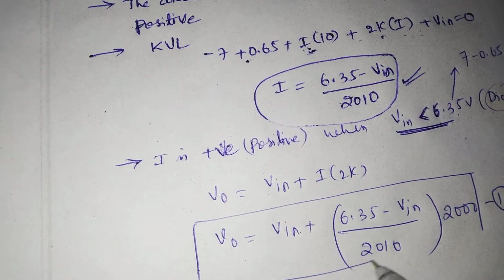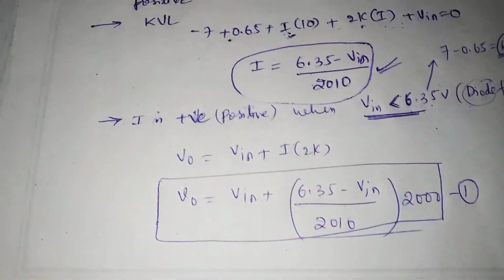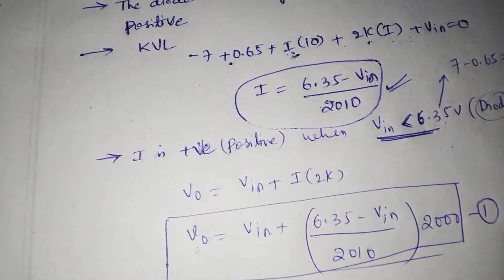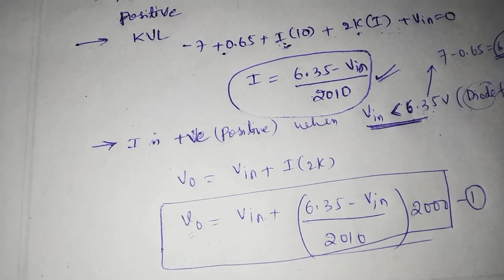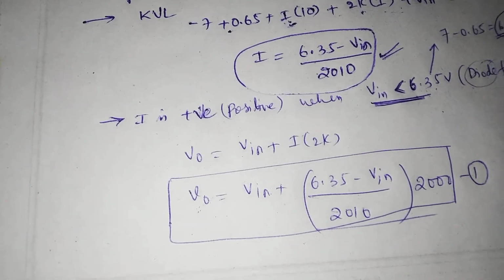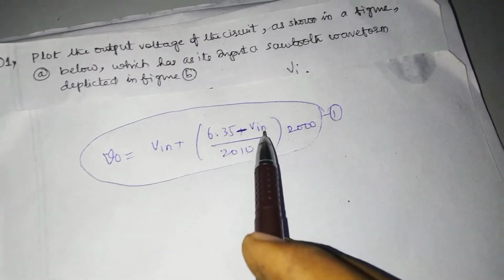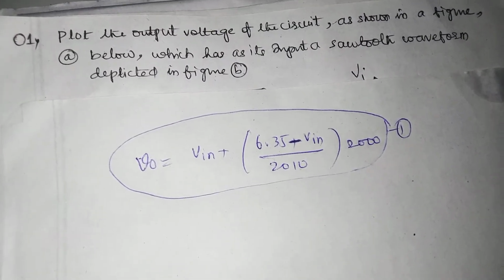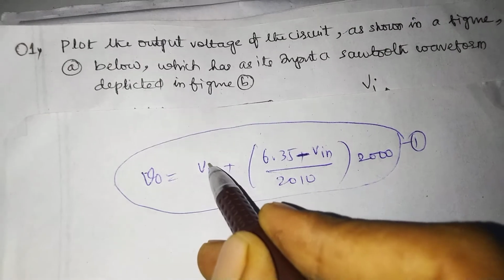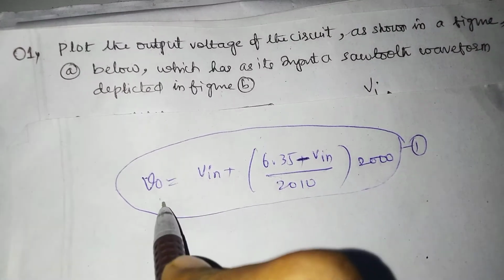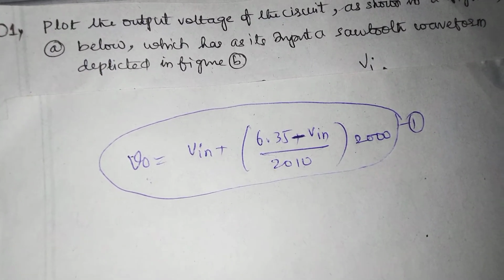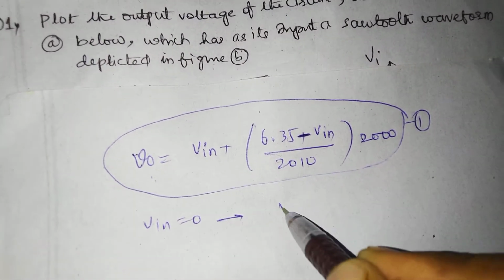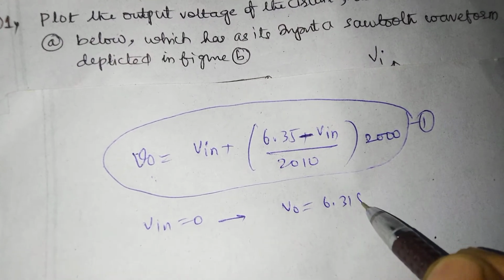We have to draw the output waveform, then only is the answer complete. So simply substitute the values and we can plot the output waveform. This is the obtained equation. We substitute the input values here and get the output. With those values we can plot the output waveform. When input equals 0, V output equals 6.318 volts.